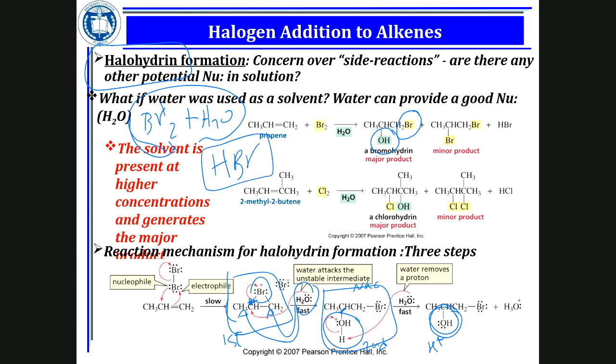Because it has a very low melting or boiling point, it can turn to gas and escape the reaction mixture, so it's not going to cause much of a complication here. It's going to be easily removed.